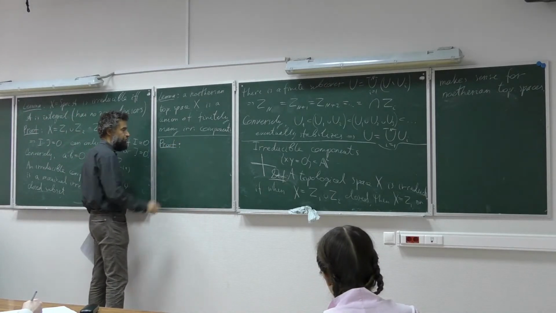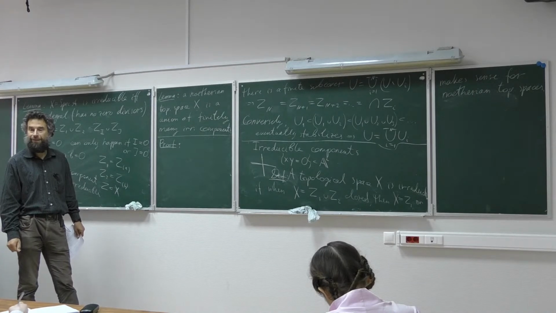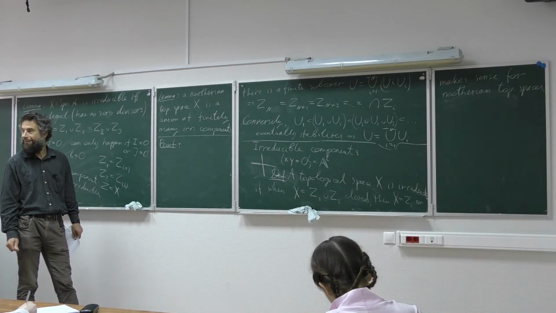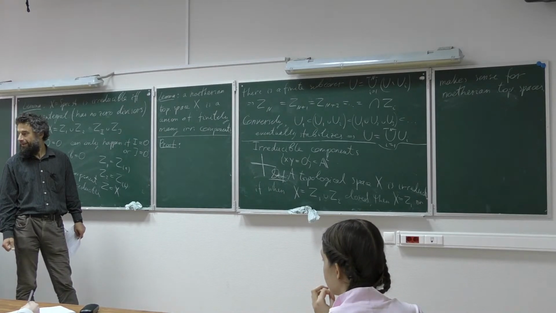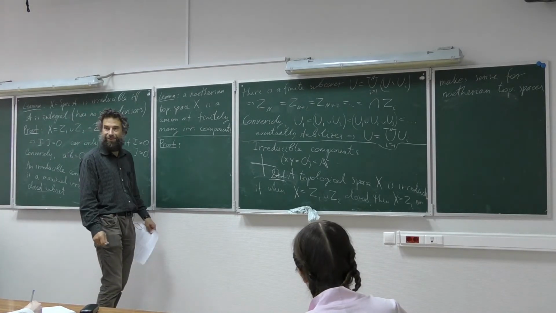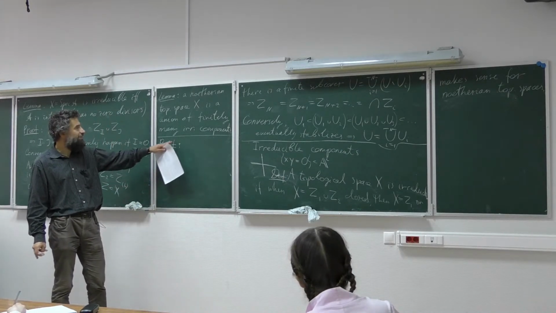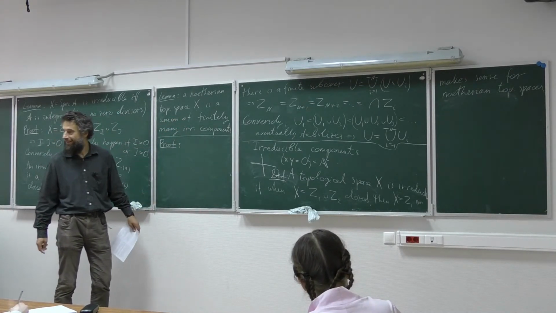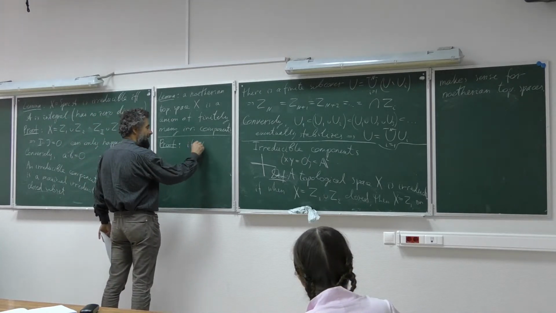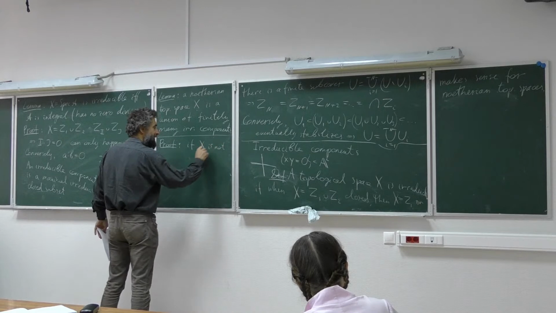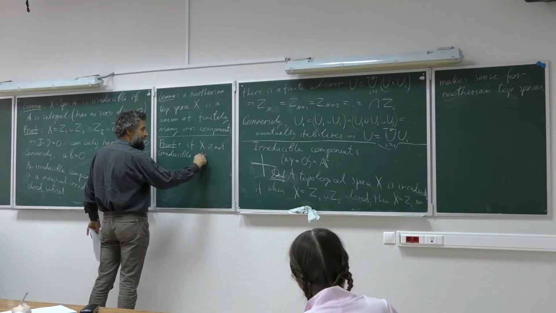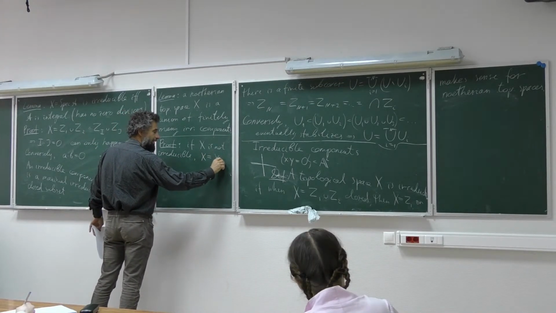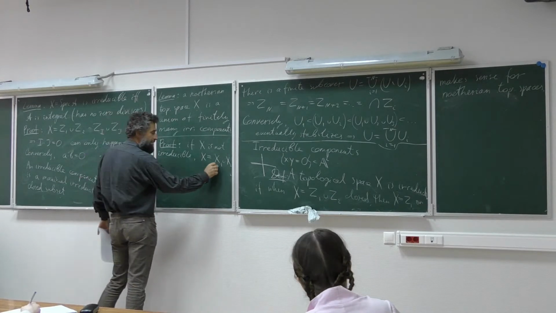So, how do we prove this? Right, absolutely. So we start with what happens. X can be irreducible by itself. Then we are done. So if X is not irreducible, then X equals, say, X1 union X2, two closed sets.